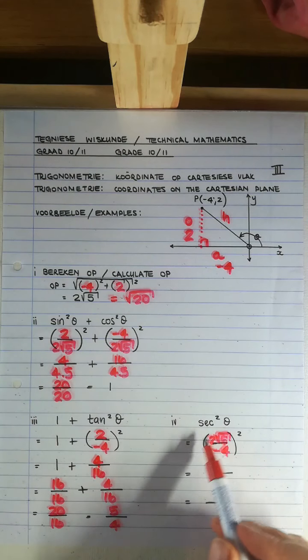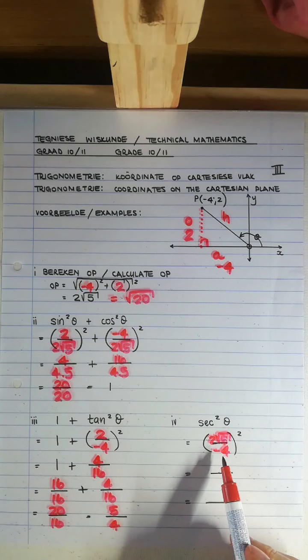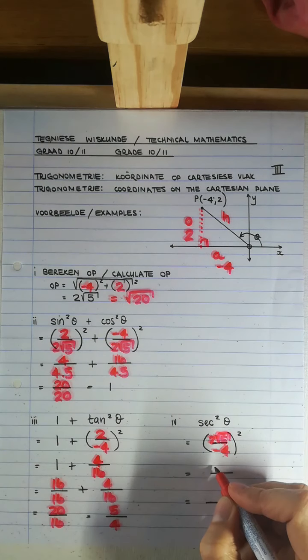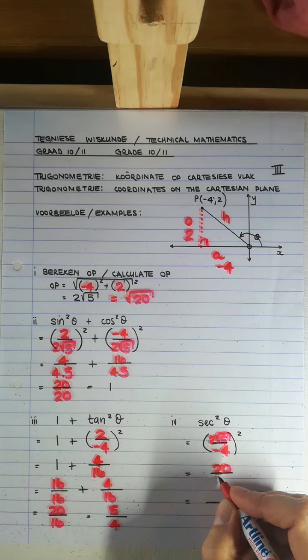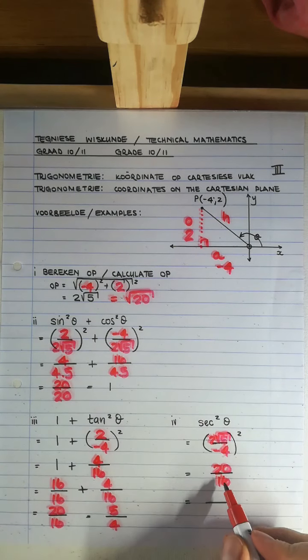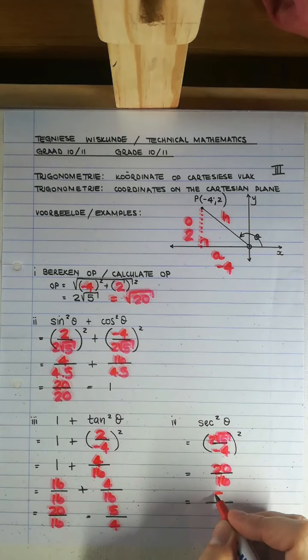We will use a round bracket to square the entire term. So 2 square root 5 squared, we already know by now, is equal to 20. And -4 squared is equal to +16. And this fraction, when we simplify, will become 5 over 4.